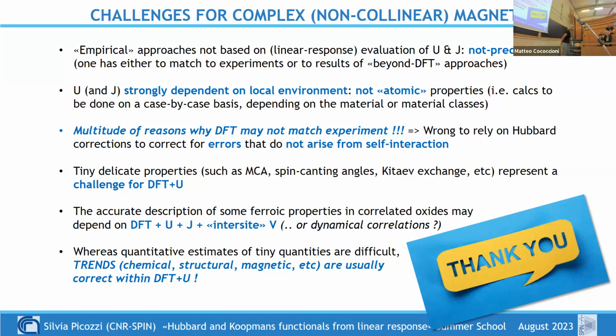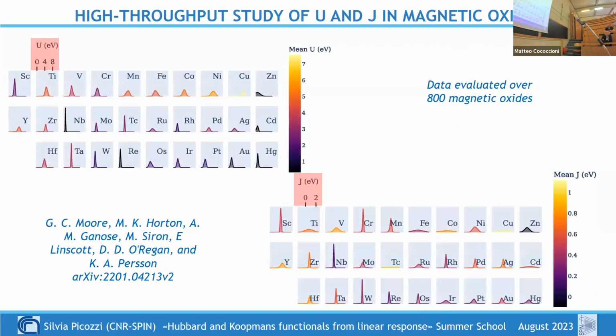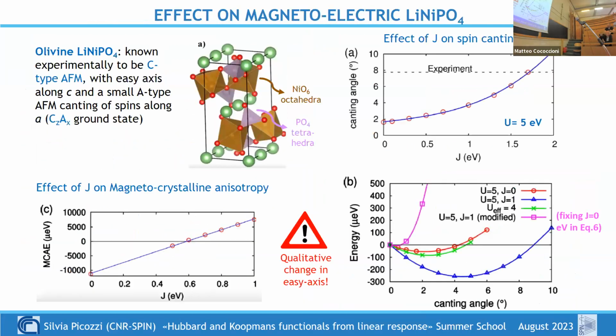Could you please go 2 slides back? Yeah. So actually, U = 5, J = 1. There are 2 different versions, and they are completely different from each other and from the other results. Yes.